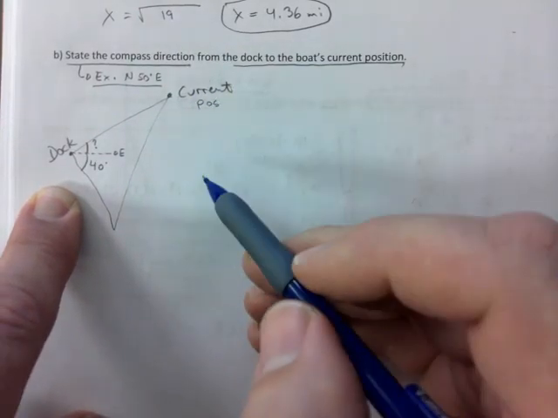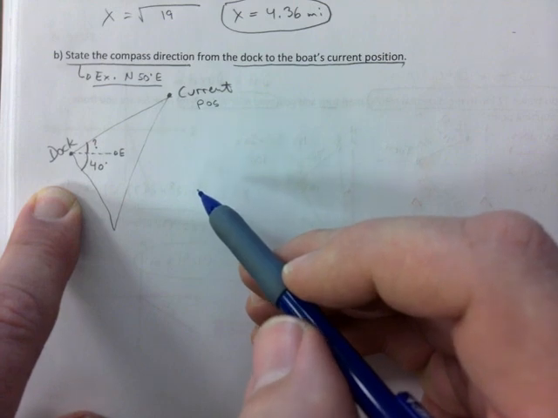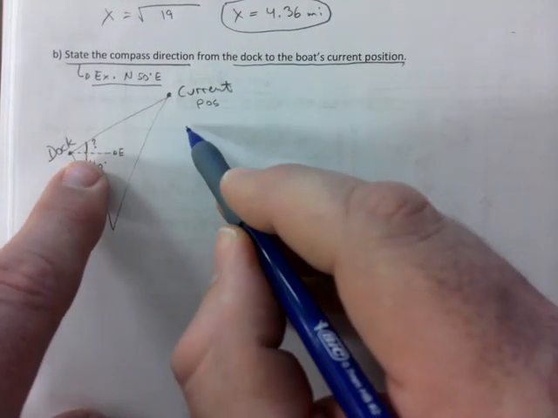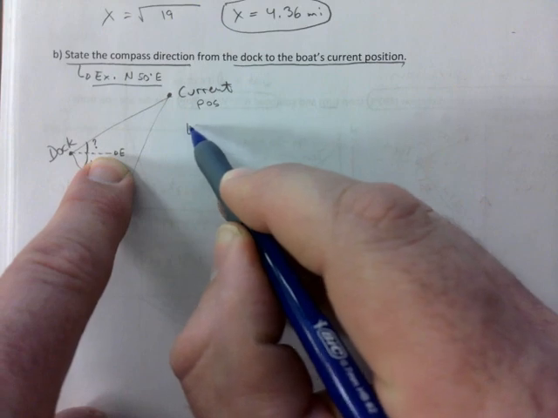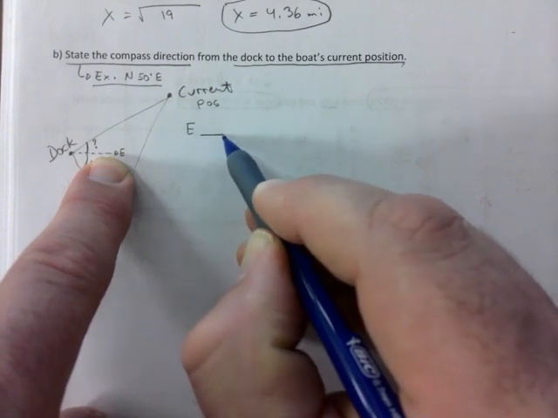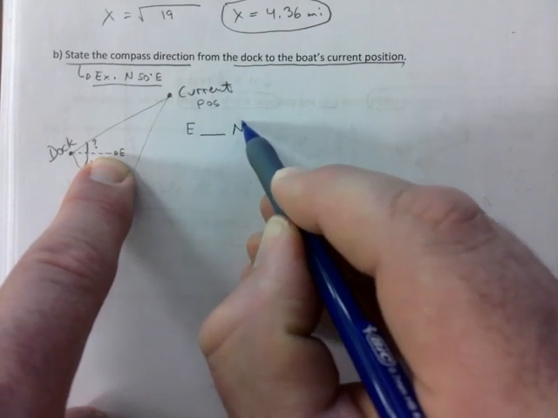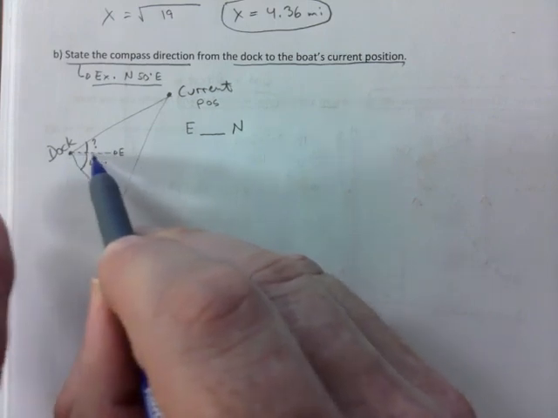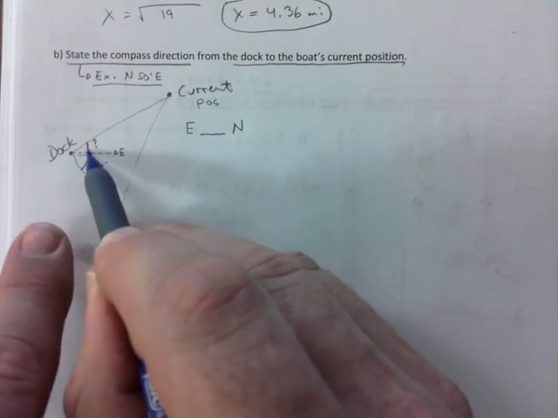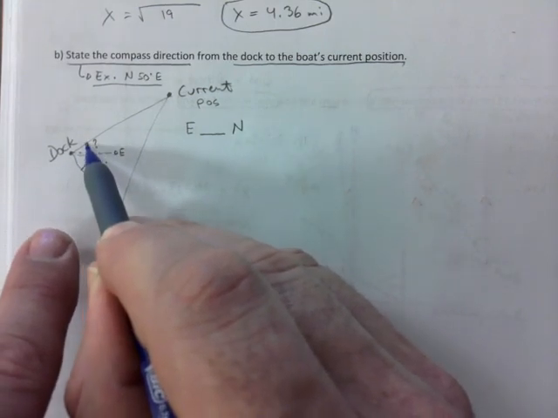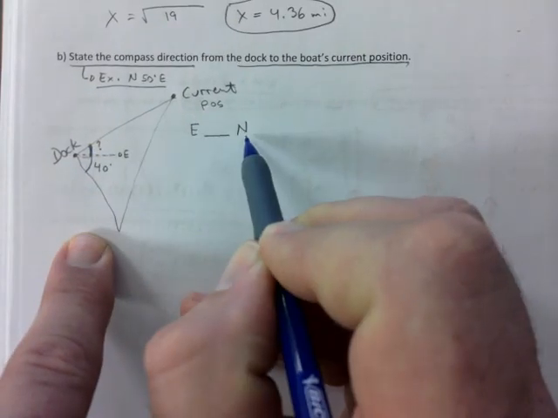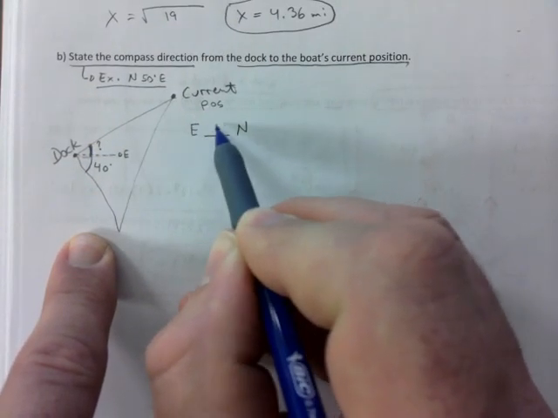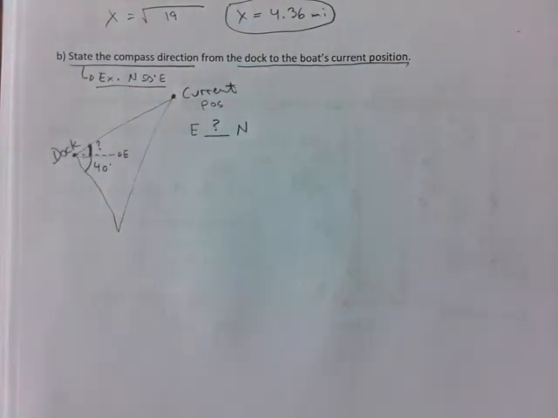I know for sure that it will be east something north. I will start measuring from the east line and I will have to figure out how many degrees I turn north. So this is what I want, question mark. That's what I want.